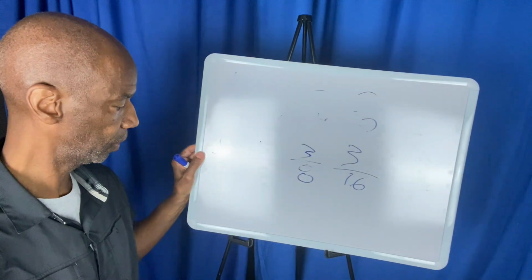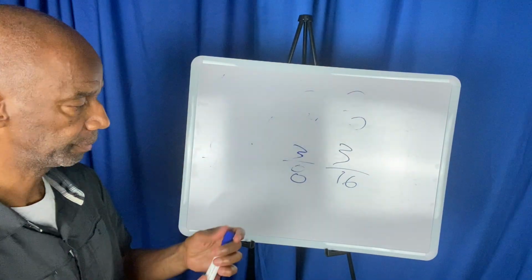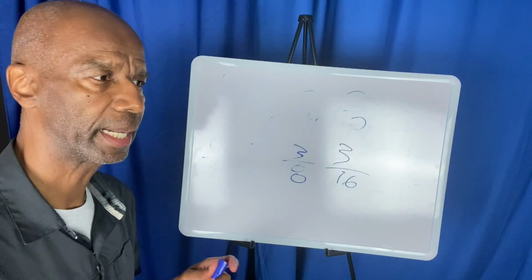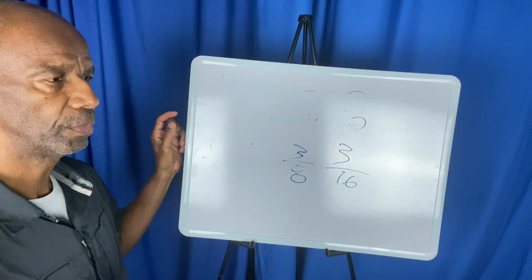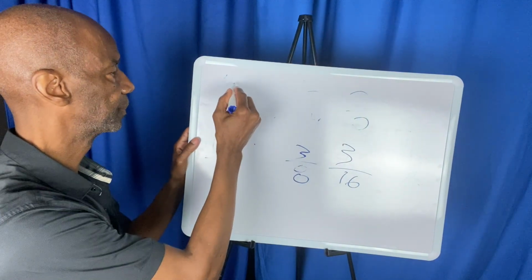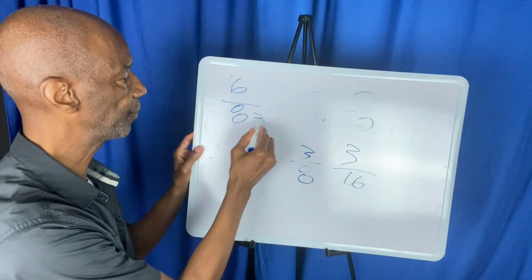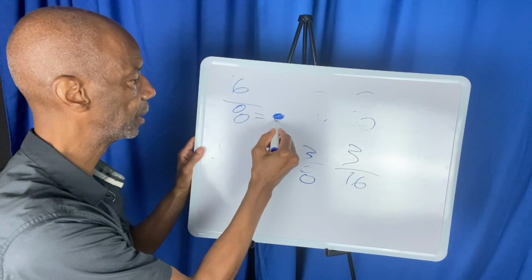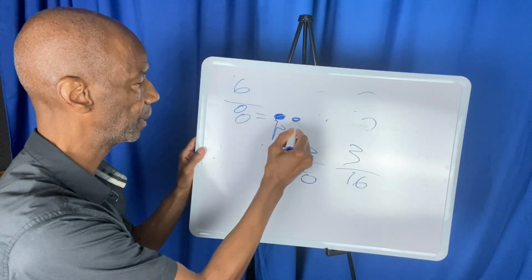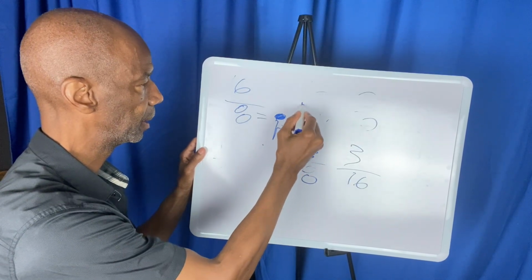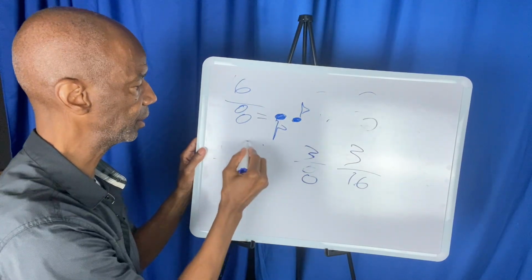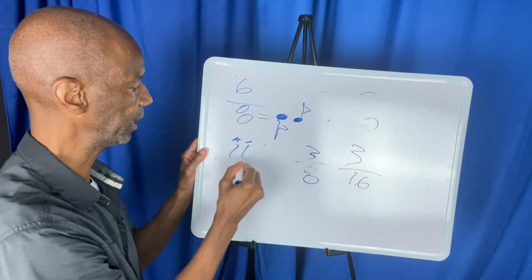All right, so let's take 6-8. In 6-8 time, this 8 represents the eighth note.